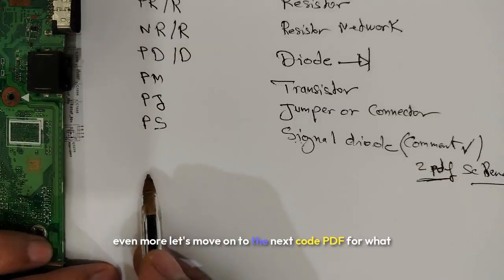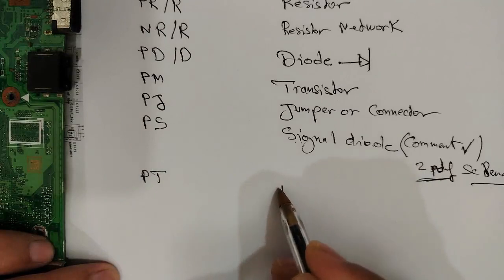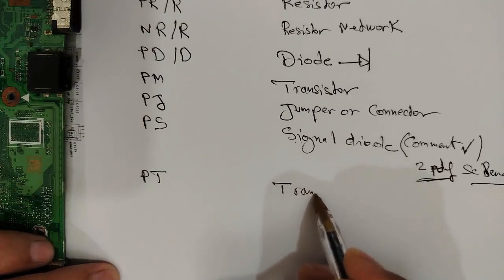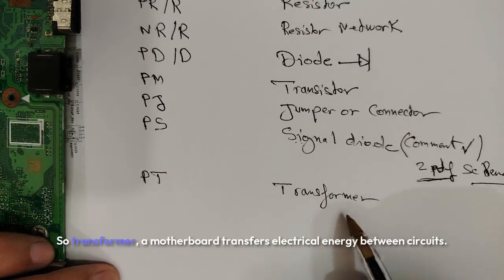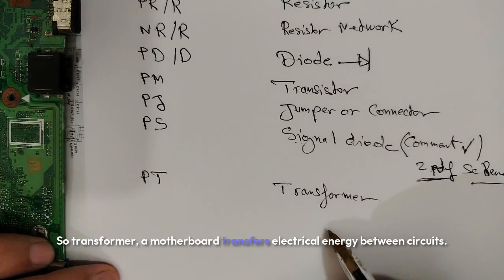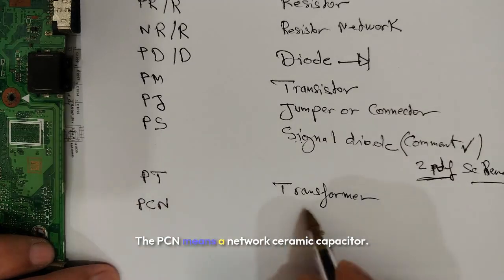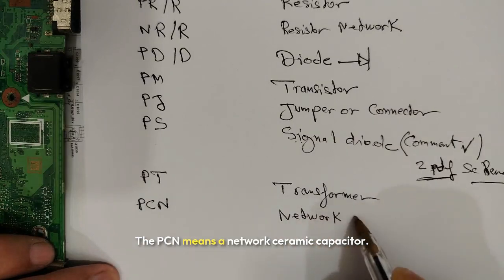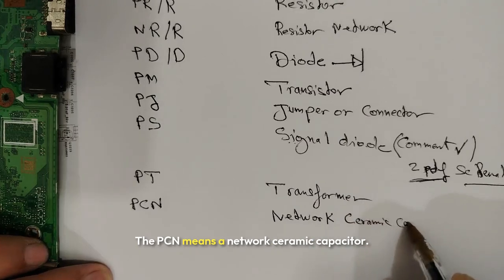Let's move on to the next code. PT. For what? For transformer. So a transformer on a motherboard transfers electrical energy between circuits. Then PCN means a network ceramic capacitor.